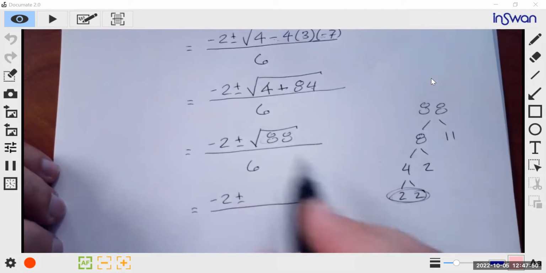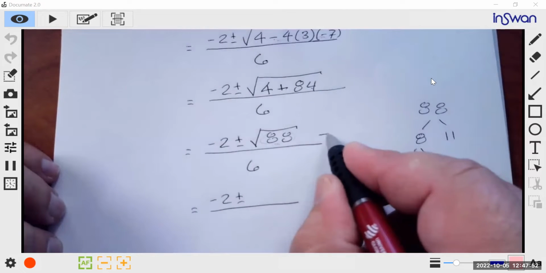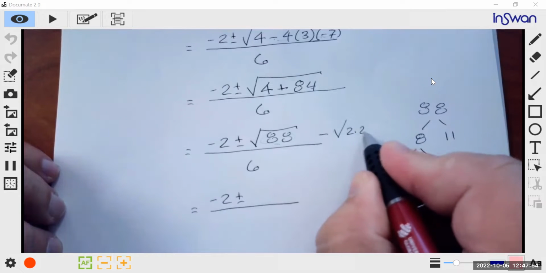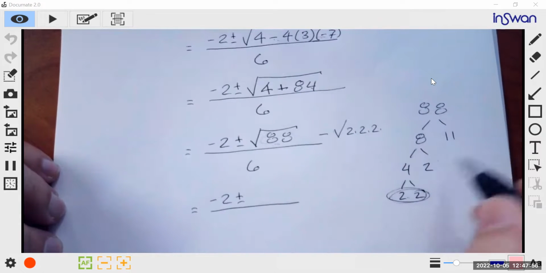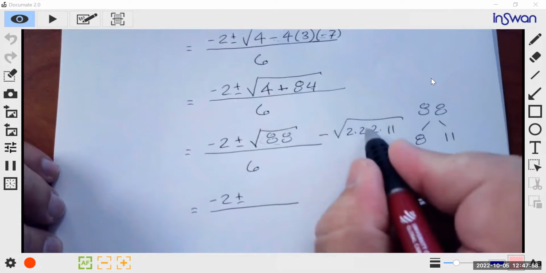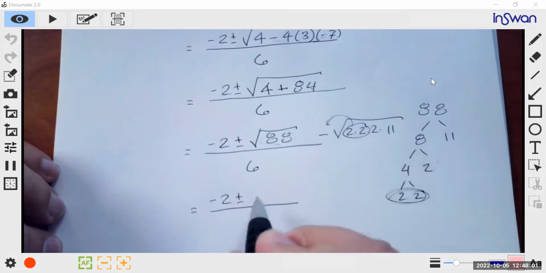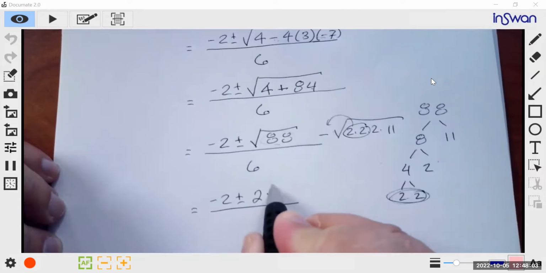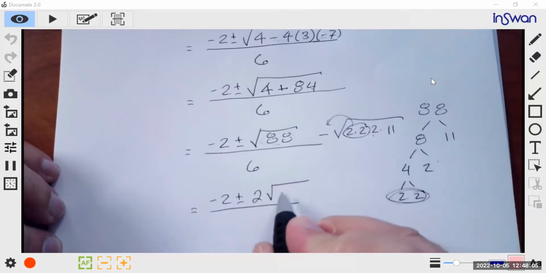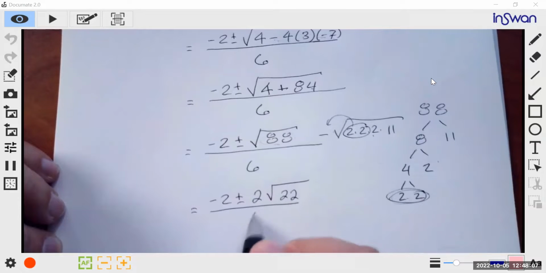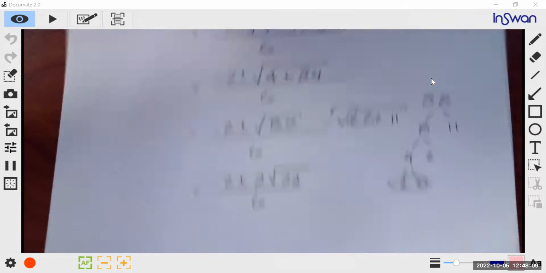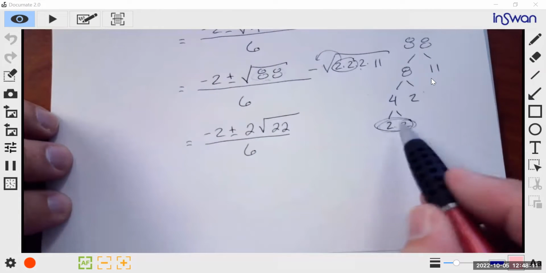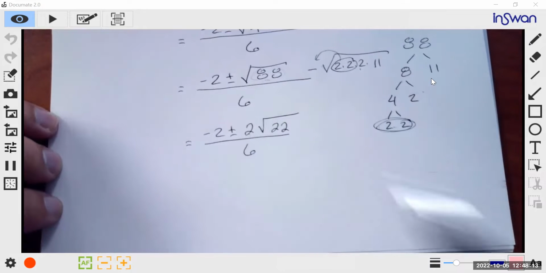Since we have a pair of 2s inside here, 88 is 2 times 2 times 2 times 11. Since we have a pair of 2s, they come out. 2 times 11 is 22. You look for a pair of the same numbers, and whatever pair you have, that comes out.